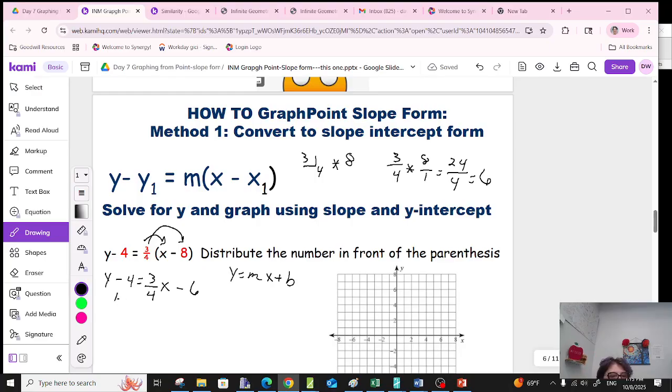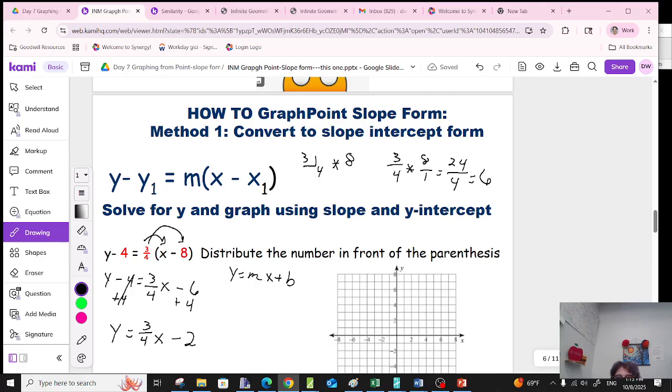So you're going to put +4 on both sides. This cancels. You have y equals 3/4 x. And then what's -6 plus 4? -2.